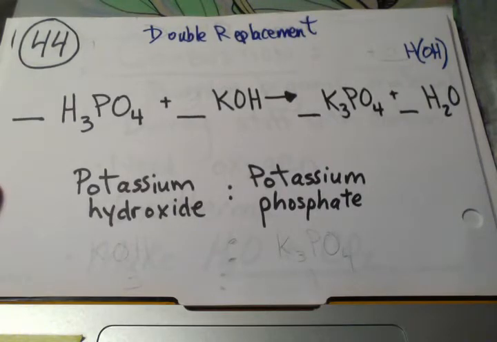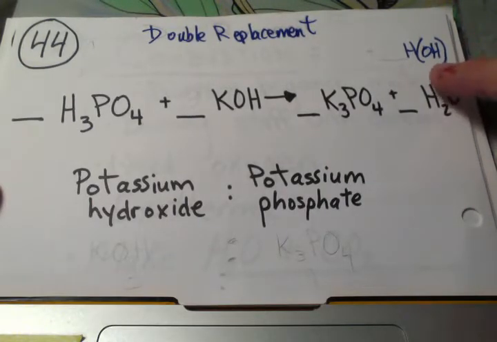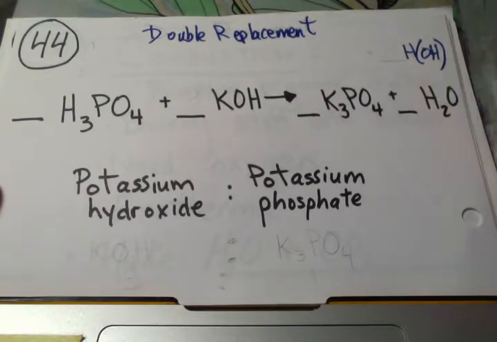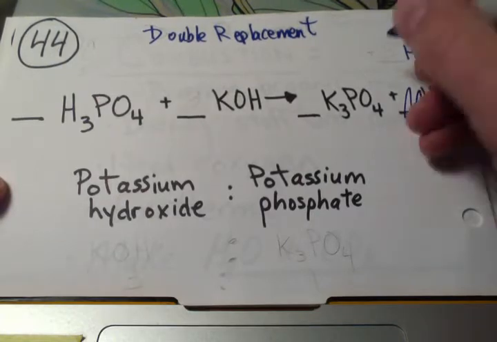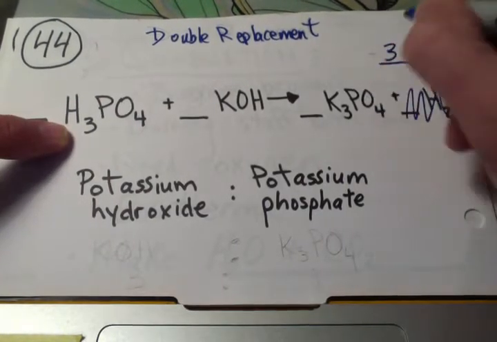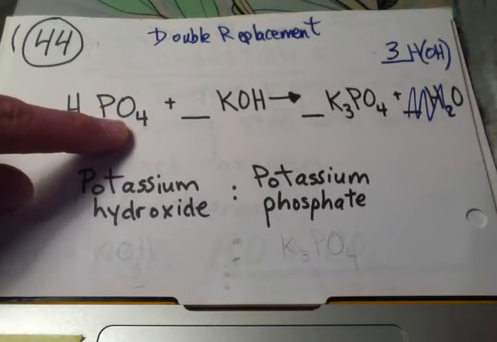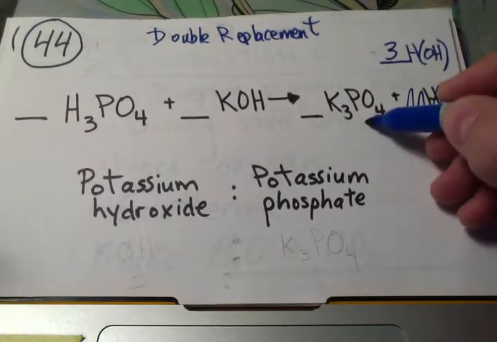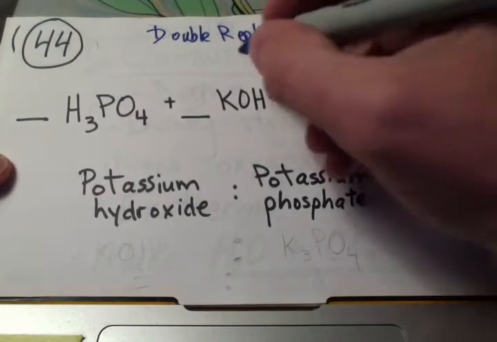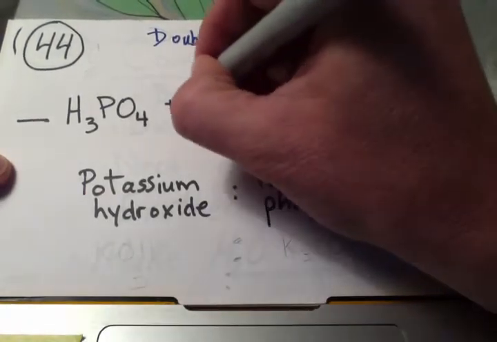It's really asking you to balance this. So that's the other reason to do that. When you look at the OHs, you can just balance it easier. So, I got 3 hydrogens, I need 3 hydrogens. I got 1 phosphate, 1 phosphate. Those 3 also affect the OH, so I need 3 of them.